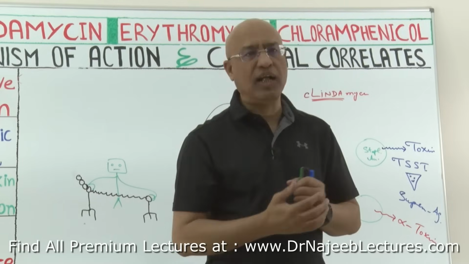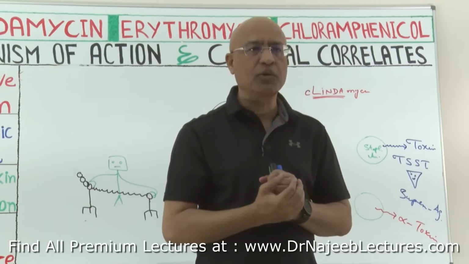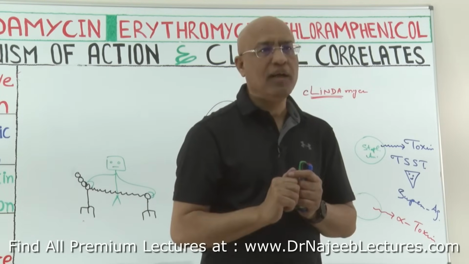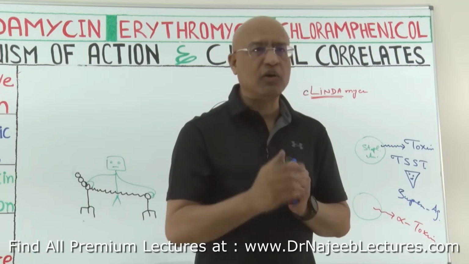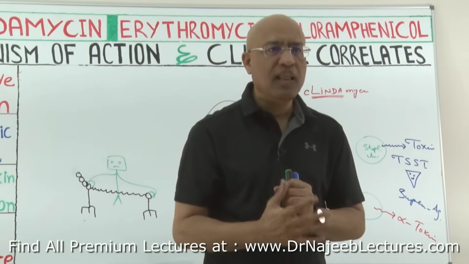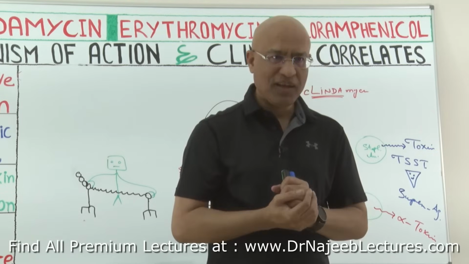And in such a condition also, along with other antibiotics, we can use clindamycin to inhibit the production of alpha toxins, so that necrotizing fasciitis or gas gangrene progression is reduced, right?